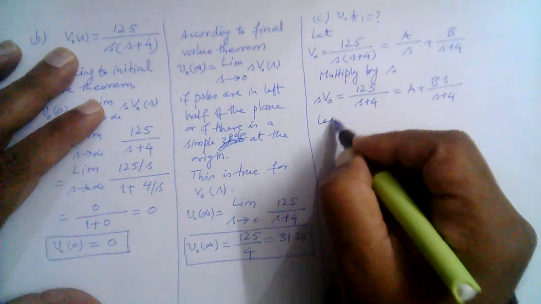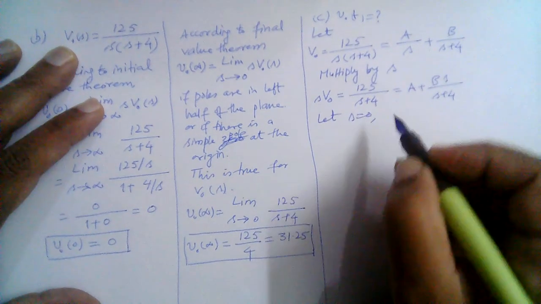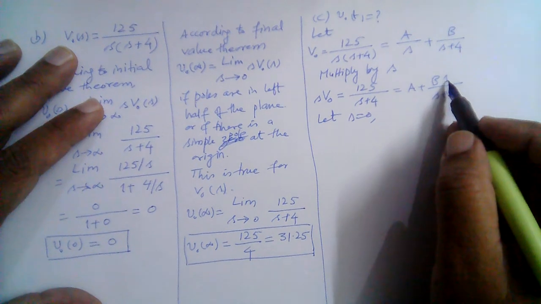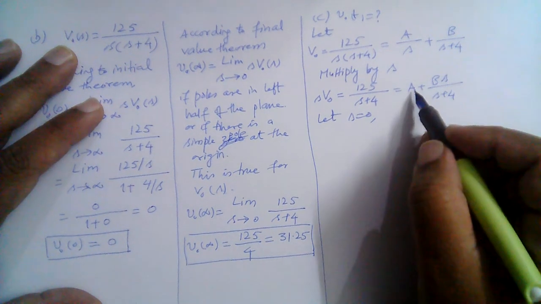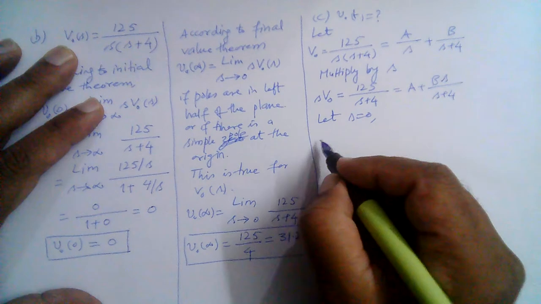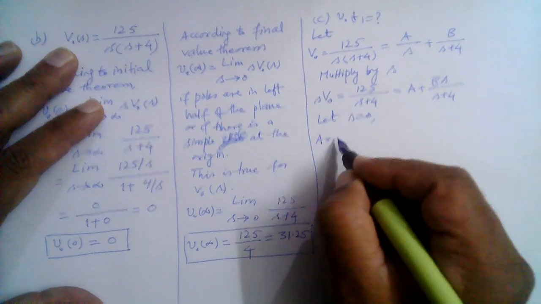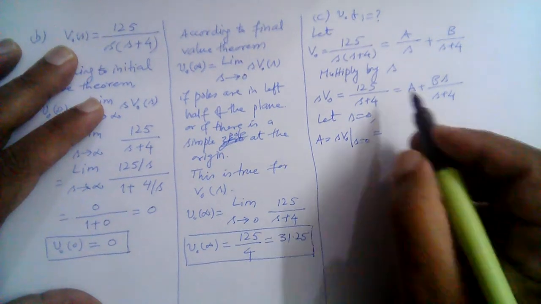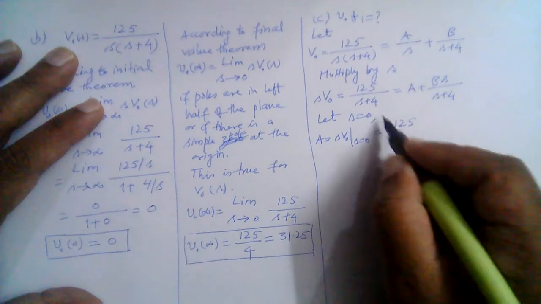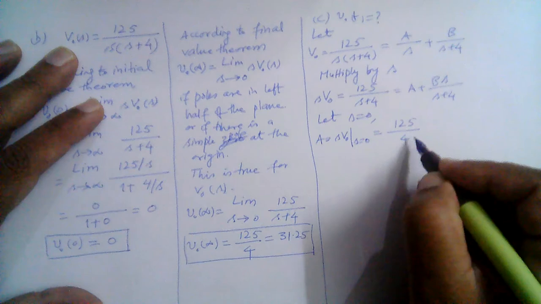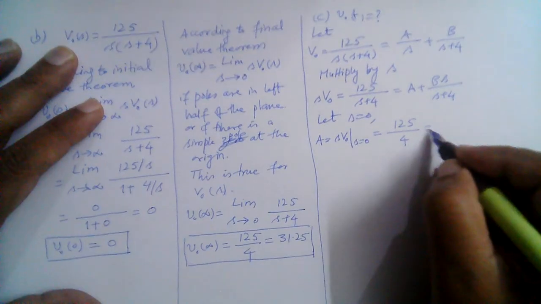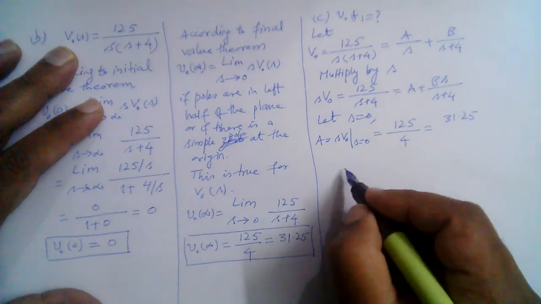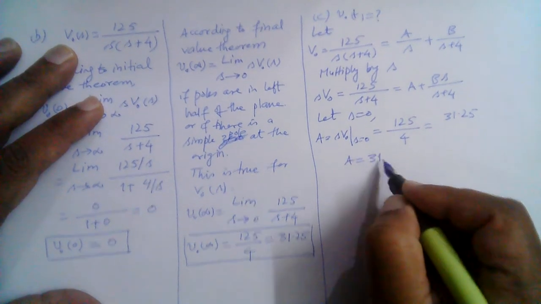Now if we let s is equal to 0, then this term will disappear because it is multiplied with s, and this will leave us with only a. So a is equal to s V naught when s is equal to 0, is equal to 125 divided by s plus 4, s is 0, so that is 4. So 125 over 4 is 31.25.